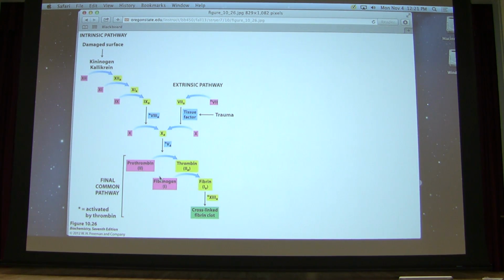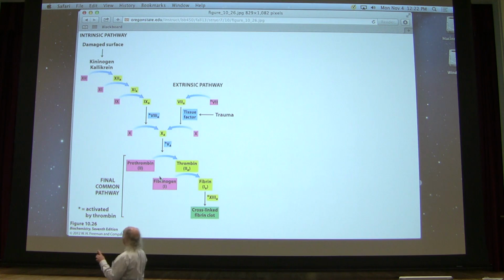Now, there's a lot of complexity here, and as I said, I'm not going to hold you responsible for the complexity. I will talk about a few components of it because I think they're important for you to understand. Fibrin's going down to make this clot down here. You can see these various factors that are involved in helping this process to occur, and you can see various proteases that are involved in converting an inactive form, which is in red, to an active form, which is in yellow. So the active forms are in yellow, the inactive forms are in red.